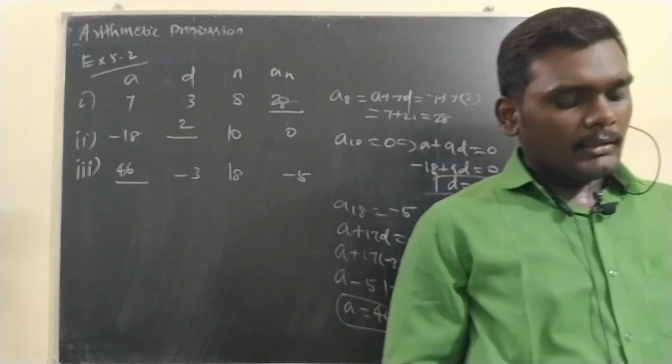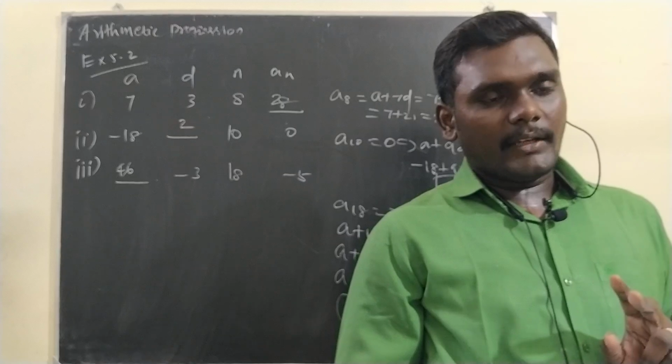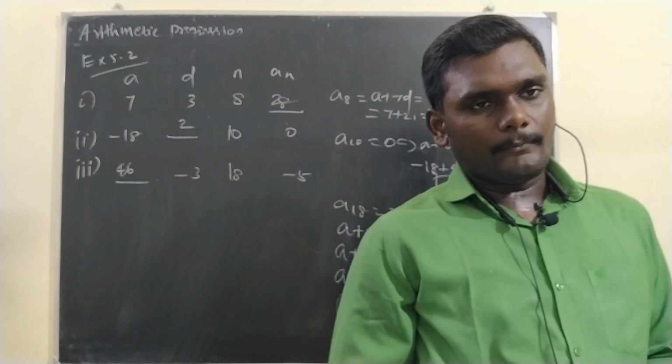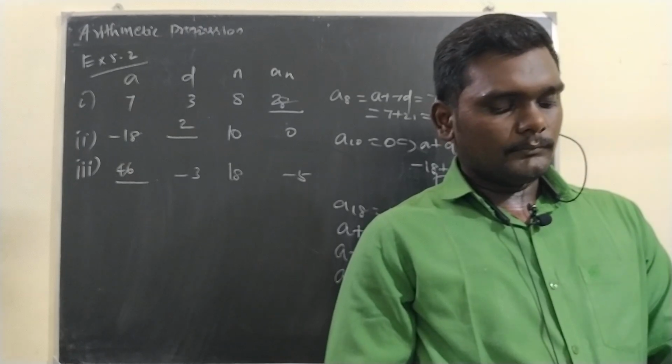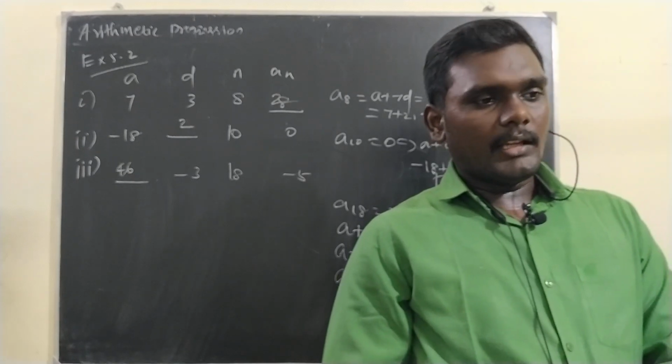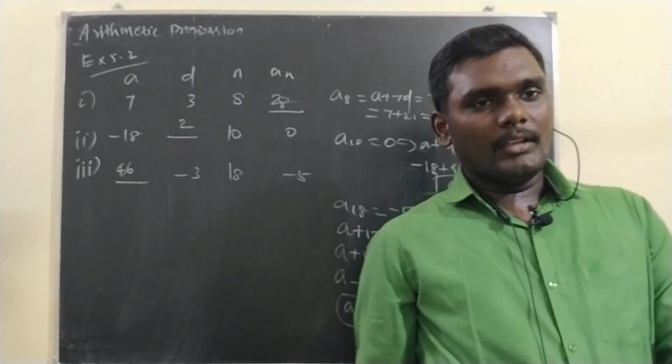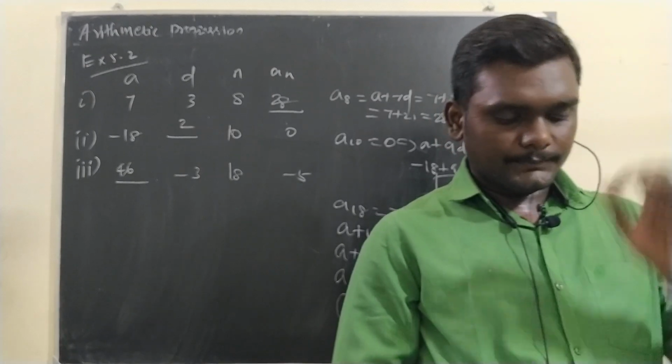Now, second question. The 30th term of the AP we need to find. How do you find it? A30, N equals 30. We have to apply and find out the answer. Make it fast.